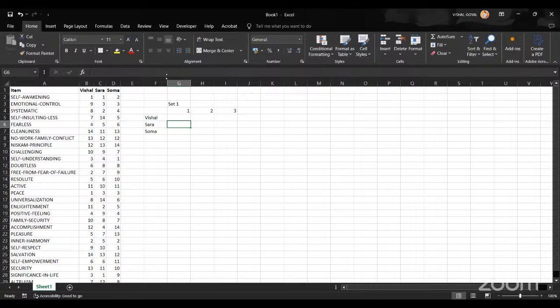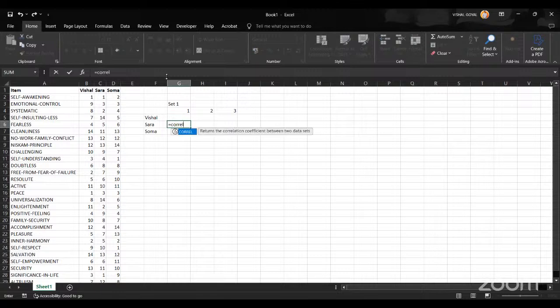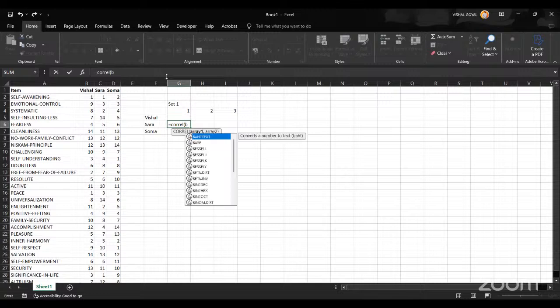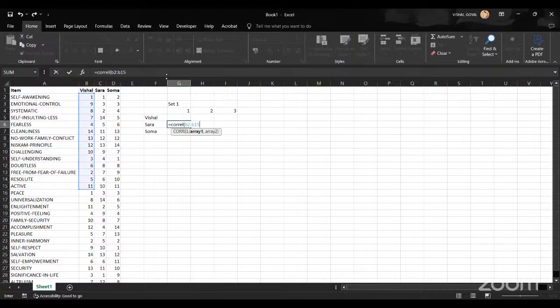There you write down equal to CORREL, bracket, B2 colon B15, comma, C2 colon C15, bracket close.